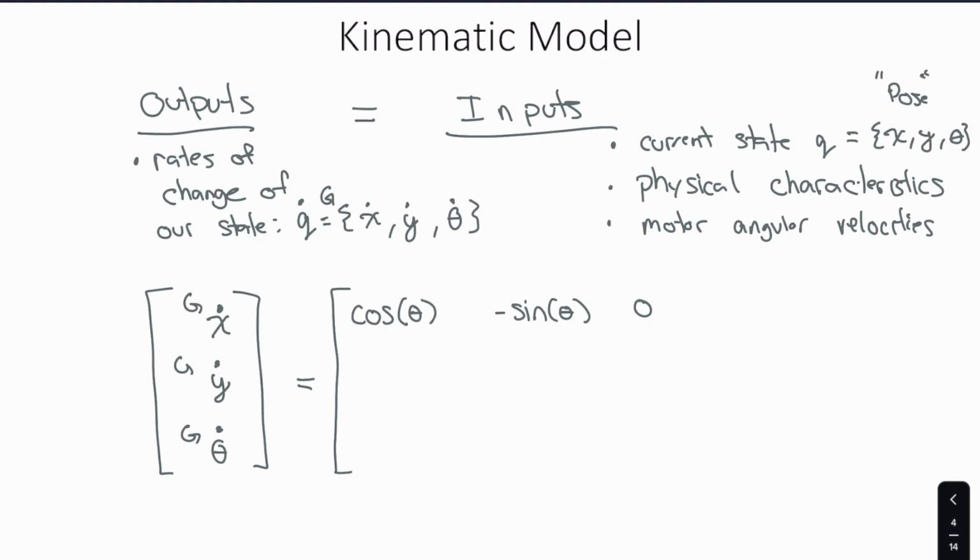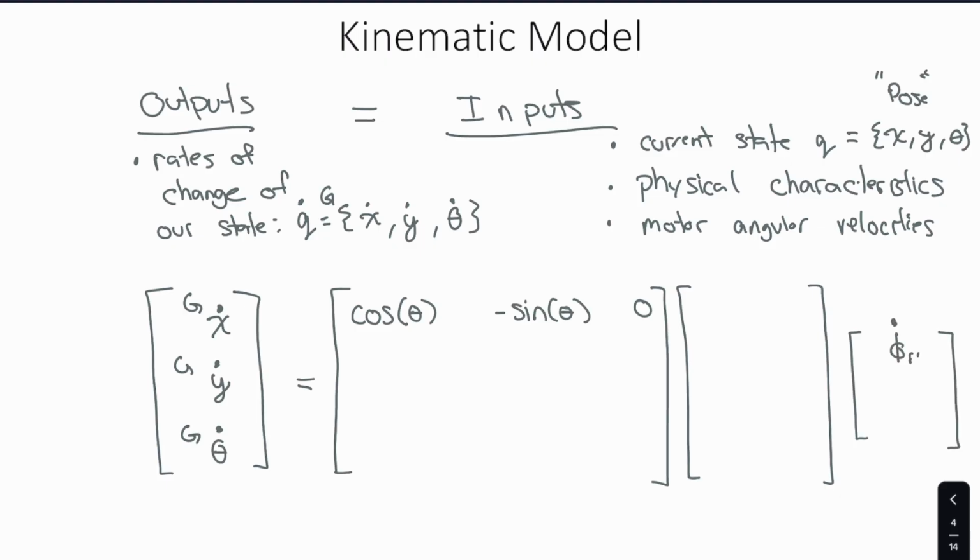So x dot depends on the cosine of theta and the sine of theta, and specifically in reference to the speed of the two wheels. So cosine of theta for the speed of the right wheel, and then sine of theta for the left wheel.